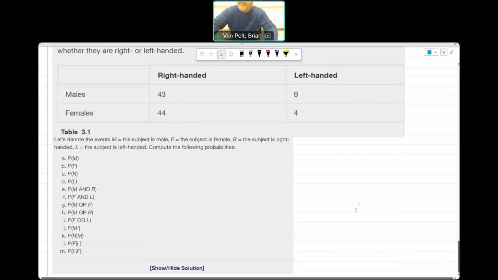I don't want to spend a huge amount of time, but I want to remind you of some things. Any of these probabilities are very simple, like the probability of a male. You just read the total at the end of the row. If you're given a table like this, you need to put the totals in there.